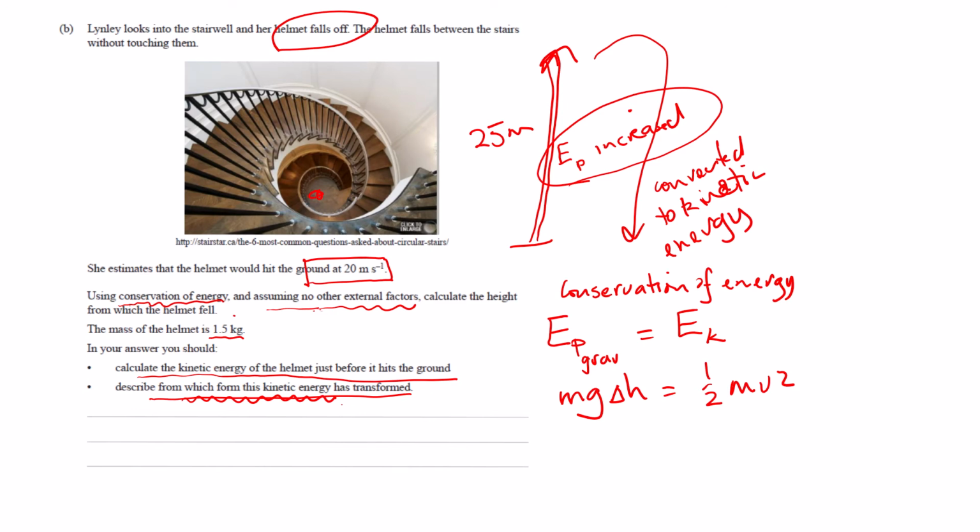So working on this equation here, first of all we can calculate the height. When we look at this equation, we can see we've got mass on both sides, so we can divide both sides by m, and that cancels out, and we get g times delta h is equal to half v squared.